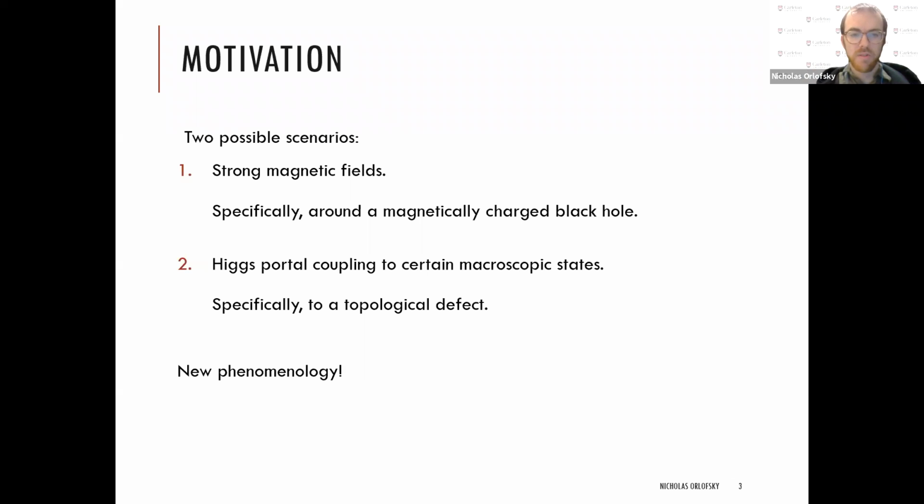If there's time, which there very well may not be, I will also talk about how if you have Higgs portal couplings to some macroscopic states in the dark sector, like topological defects, you can also have these sorts of relics. And of course, the main focus will be on the phenomenology that you get from these sorts of relics.